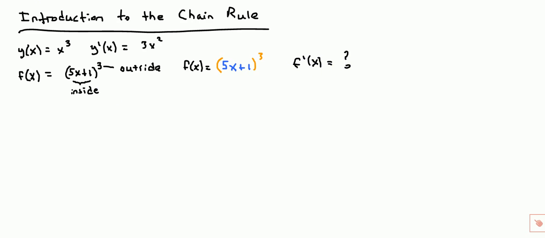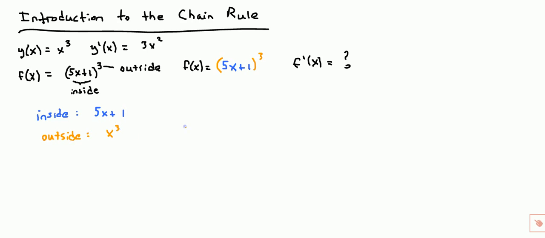Okay, that's what we're going to learn with the chain rule. So the inside function is 5x plus 1, and the outside function is x cubed.